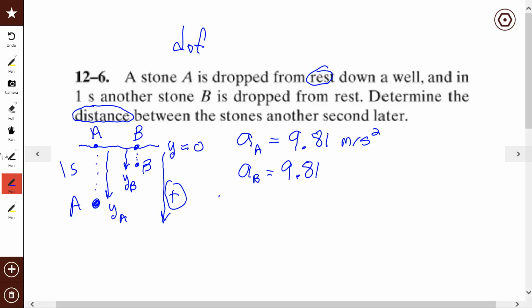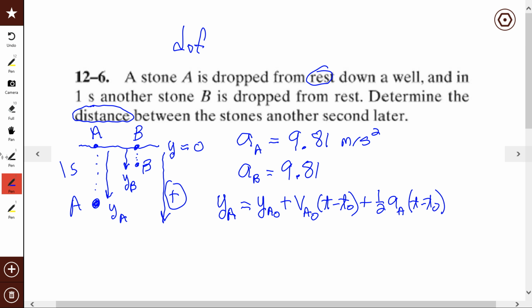I have them memorized, and one of them says that the position of body A is equal to the initial position plus the initial velocity times time minus initial time, or when all of the motion started, plus 1/2 acceleration times time minus initial time squared.